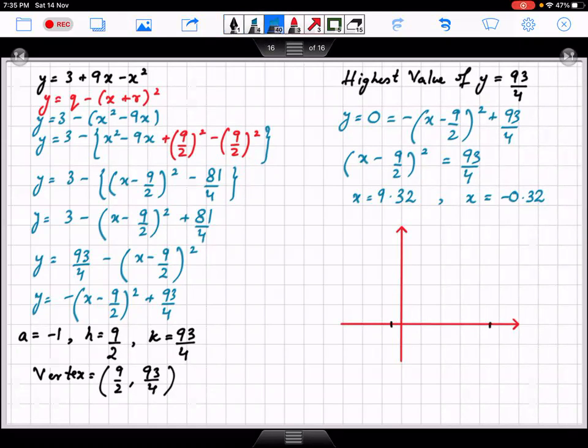So I will be drawing the graph like this. So हमारे पास अगर हमसे ये वाली पूछी जाएगी, so this should be 9 upon 2, और अगर हमसे ये वाली पूछी जाएगी तो this should be 93 upon 4. Okay.